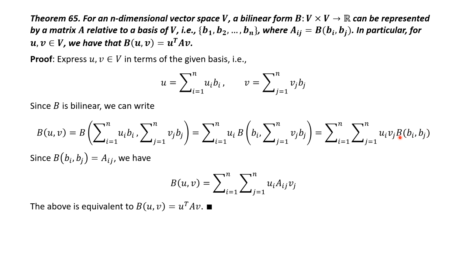And since we defined A_ij to be this here, B of B_i comma B_j, we can substitute that in. And then this double sum over these indices is actually the same as u transpose A v.